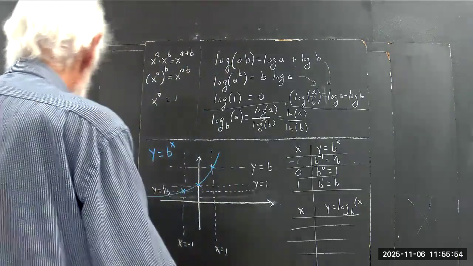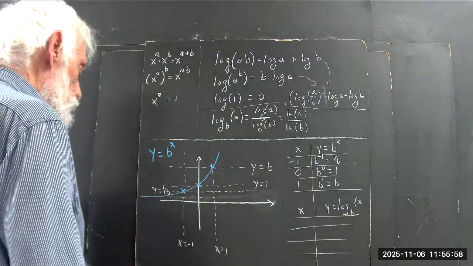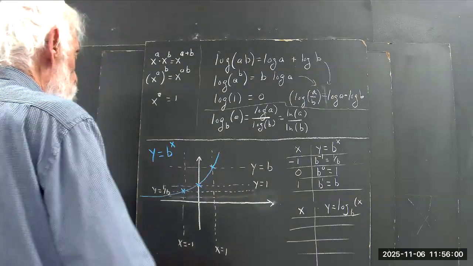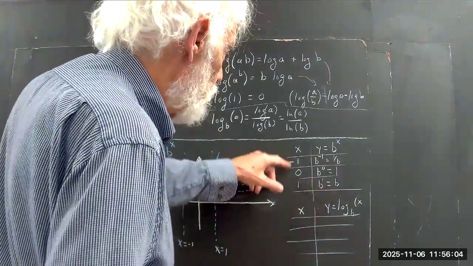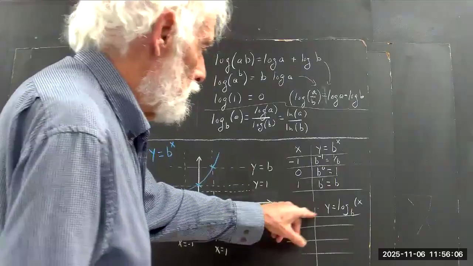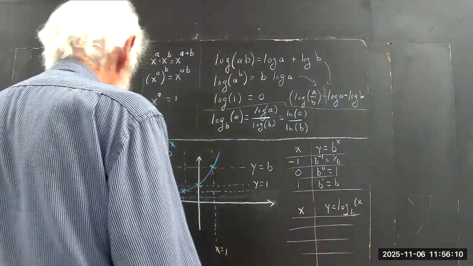Then you can find the curve of the inverse function. The inverse function we get by swapping the values in the y column with the values in the x column, and that gives us a graph of y equals log base b of x.